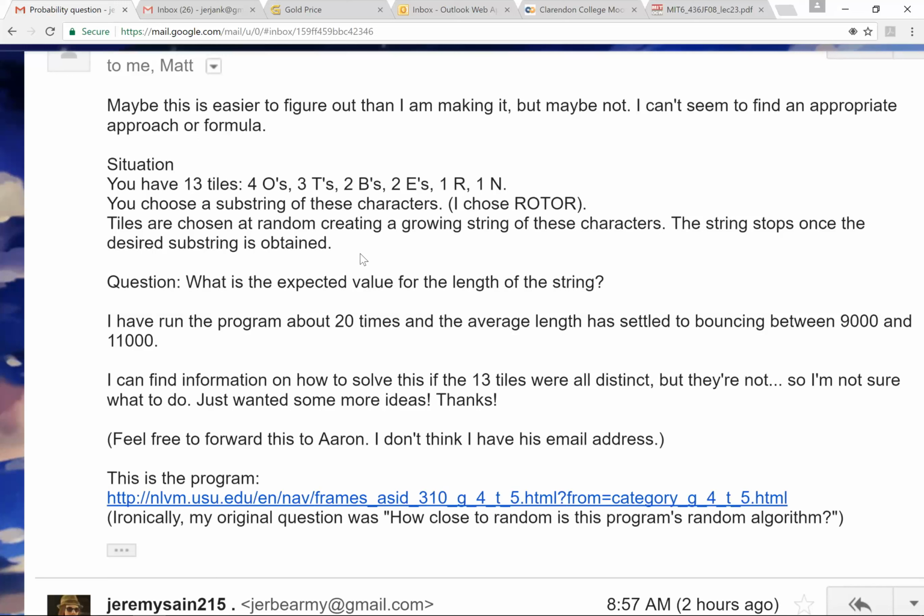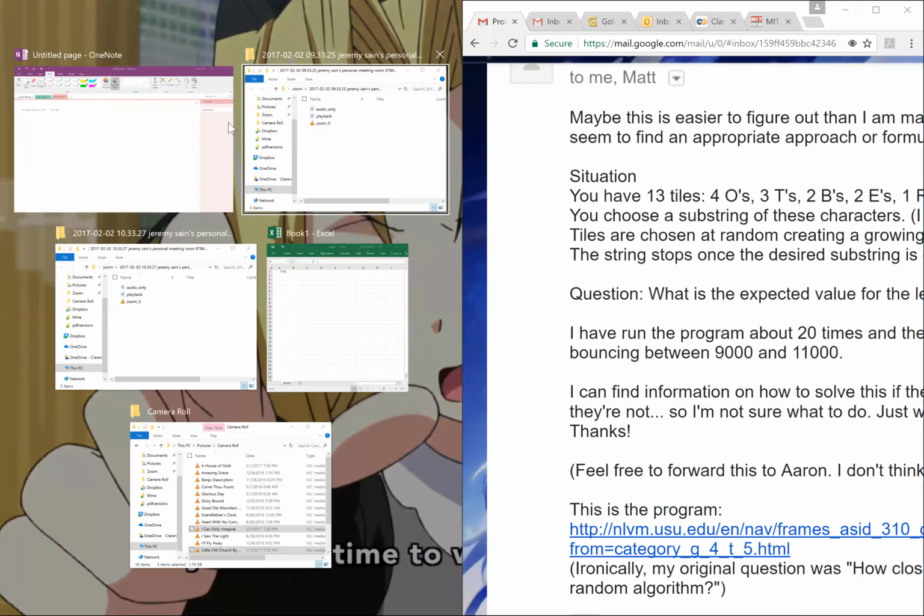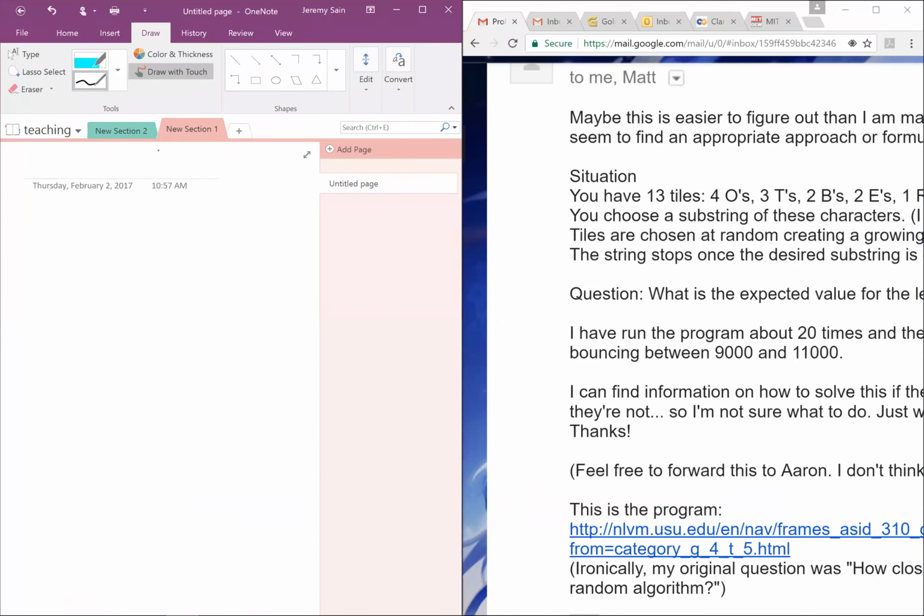Let me take this particular problem just as an example. So 4, 3, 2, 2. Okay, I don't know if I'll remember those numbers, so let me set it off to the side. So I've got 4 O's.